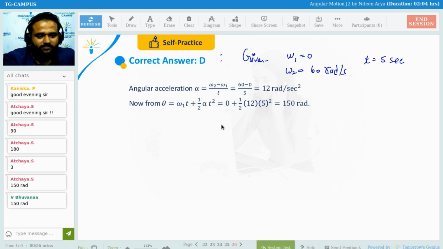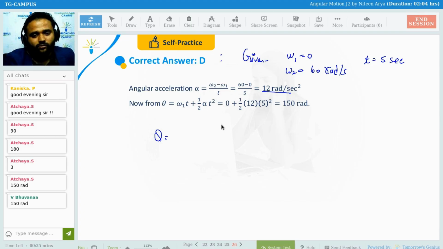Yes, beta, I know you can think, it's okay. That's why I ask you. Don't confuse yourself in the maths first of all. Just put the formulas easily and then do the maths. Alpha is omega 2 minus omega 1 divided by t, that is 12. Automatically you need to use this equation.